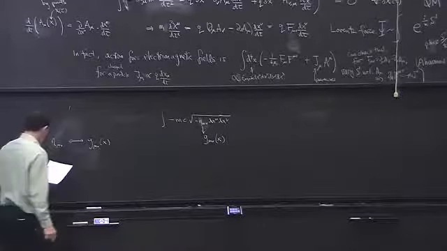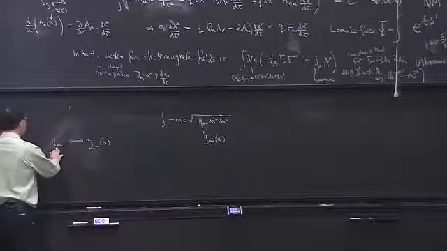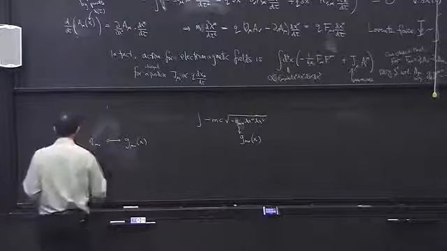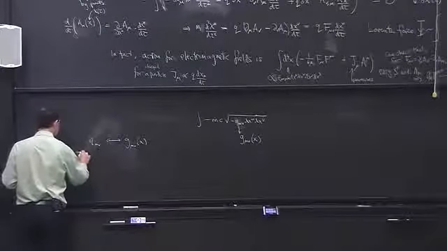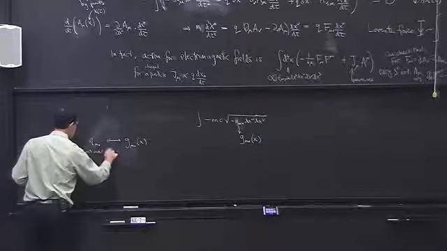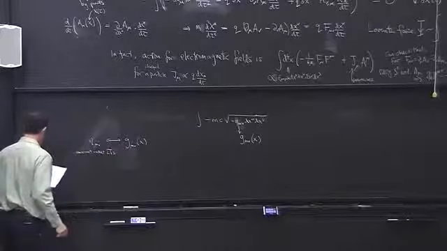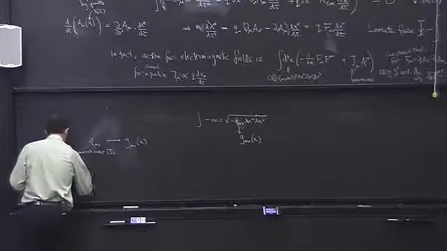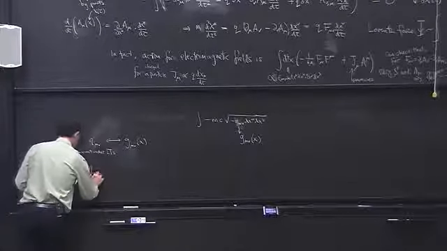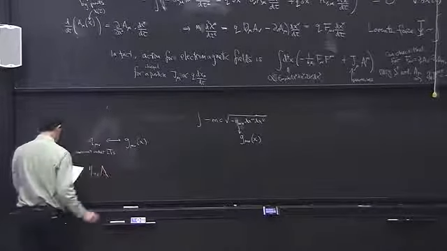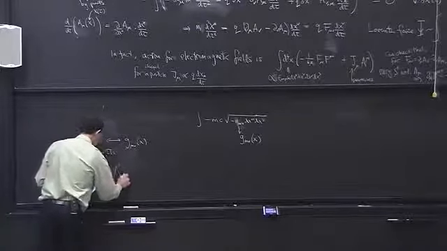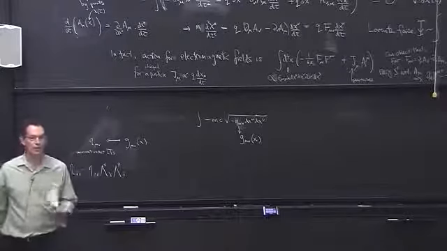Remember, this eta is intimately related to Lorentz transformations, and it was invariant under Lorentz transformations. What that means is that eta gamma delta is eta alpha beta lambda alpha gamma lambda beta delta, for example. Okay, we had this equation.